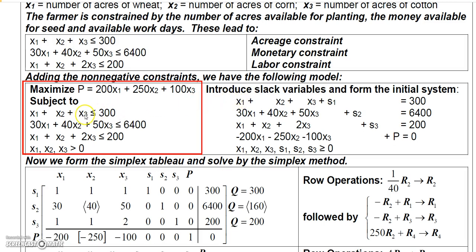Now, to solve this, add your slack variable to each one of these. Well, first of all, make sure it's a standard maximization problem, and it is, because you're maximizing and all the constraints are less than or equal to non-negative numbers.